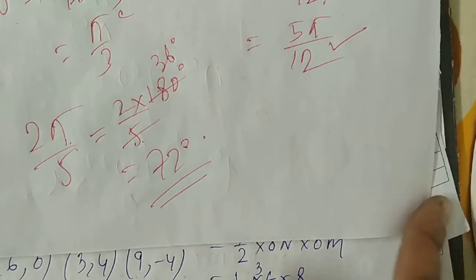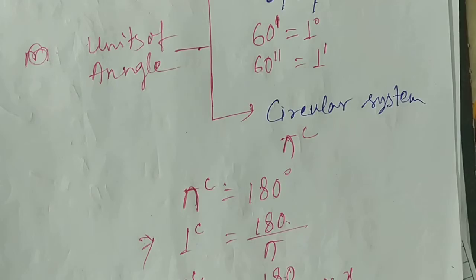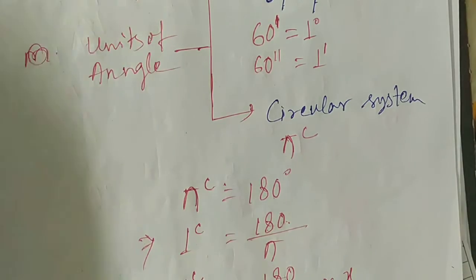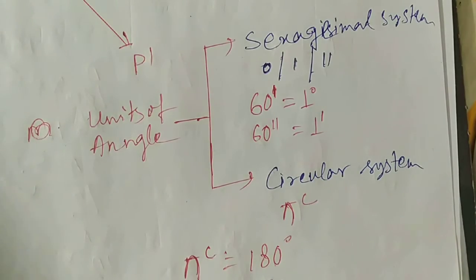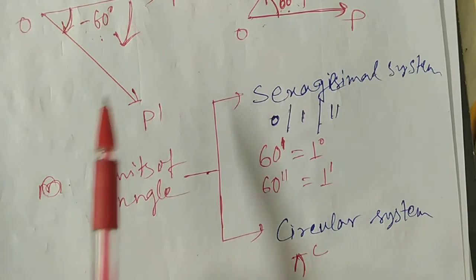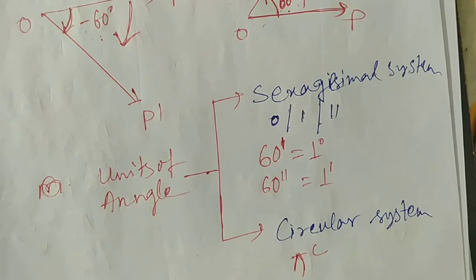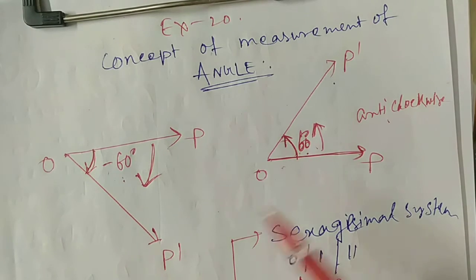Okay students, so everyone listen carefully to this video and also watch this video. If there is any problem or doubt, please ask me. This video is about the measurement of angle, and also the concept of the sign of the angle.